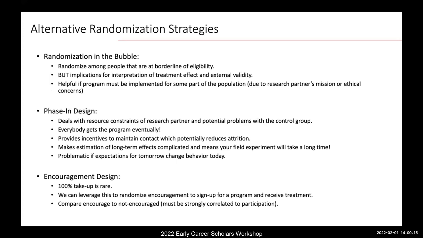Phase-in means that you would want to start with one group, and then over time, the control group is going to receive the treatment as well. An encouragement design is where you don't actually randomize the treatment assignment in itself, but you randomize whether or not people are encouraged to sign up for a program. Okay.